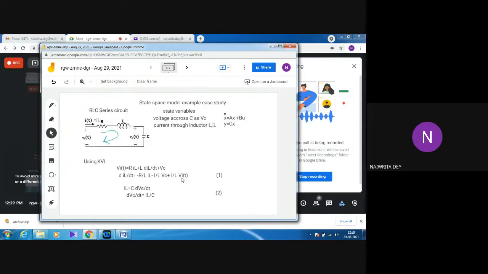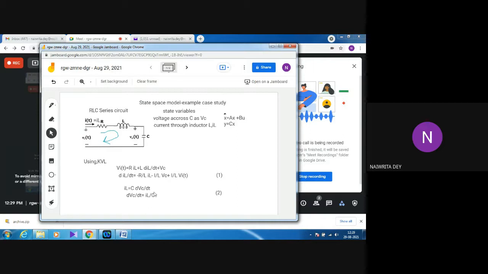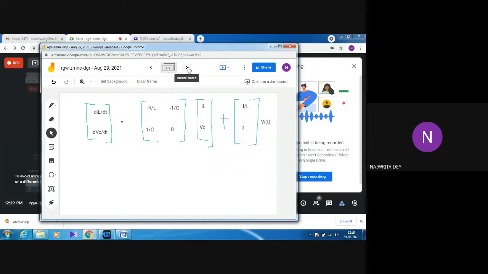We can see it is 1 by L, so we will write it down as 1 by L. And the other coefficient is 0, because in equation number 2 we don't have any term for Vin(t). So in this way we have formulated our state space equation.